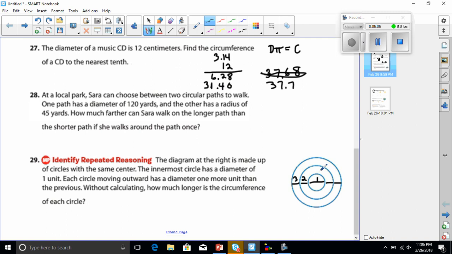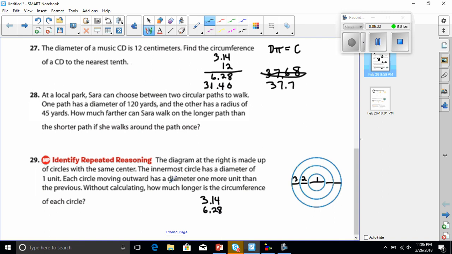Well, let's do some math here. First of all, we know that whatever the diameter is, it's going to be multiplied by 3.14. And in knowing that, that means that 2 times 3.14 is going to be 6.28.